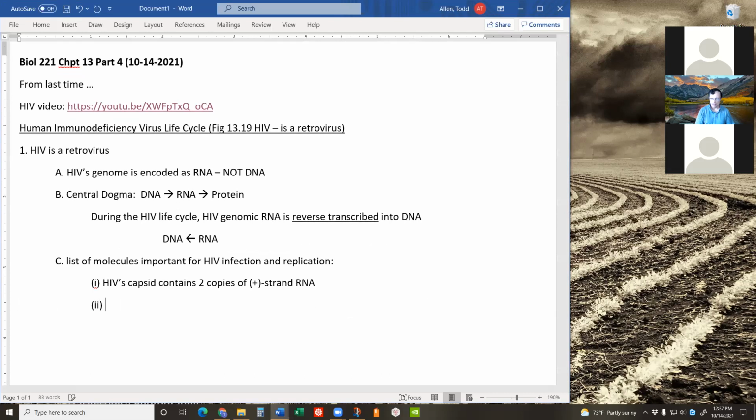In addition to that, there are other molecules we find inside the capsid, inside the core of the HIV virion particle. Additionally, you will also find multiple copies of a reverse transcriptase enzyme.